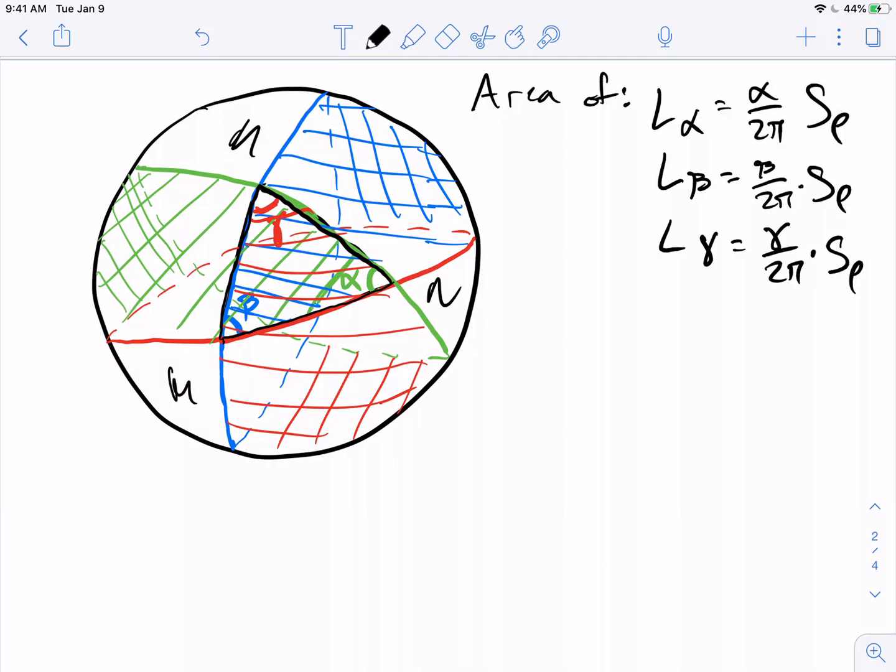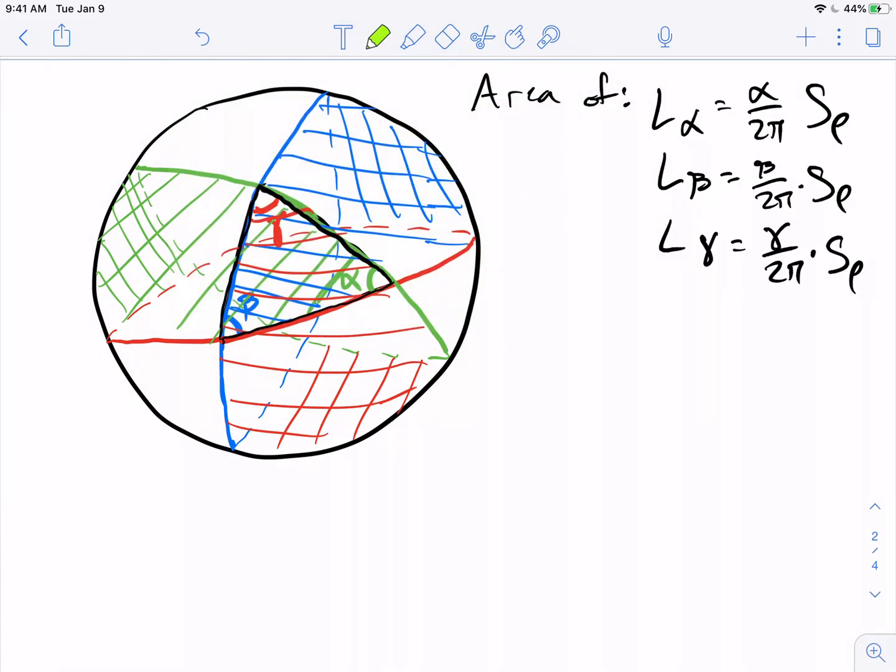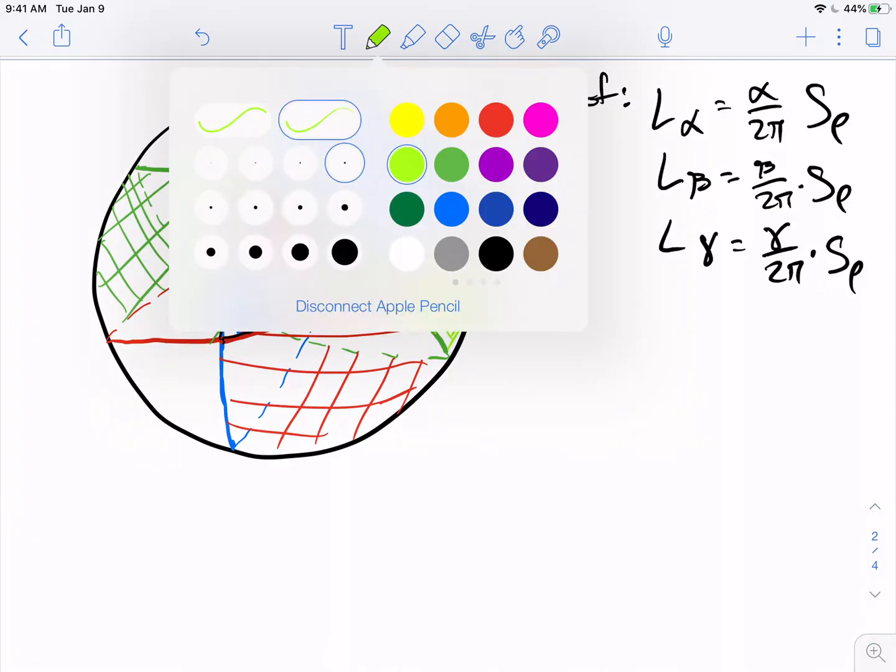Well, those are also lunes. And so if I include those lunes into my picture, then I will have covered the entire sphere with some overlap though. So first, here's another alpha lune right here. And I'm not going to draw the back part because I don't want the picture to get too messy. But this other alpha lune goes back.